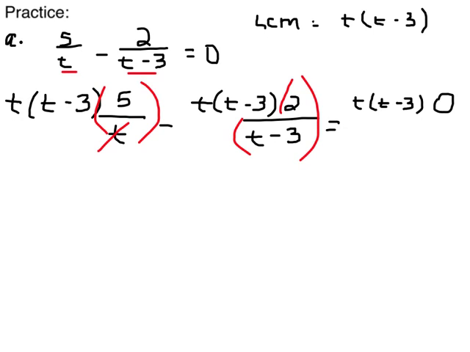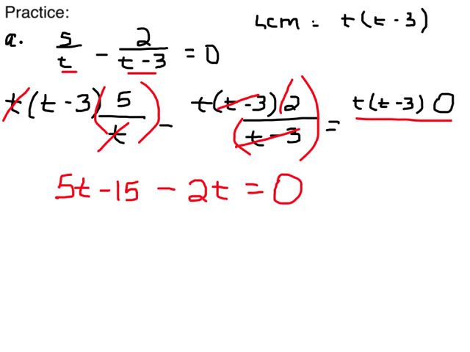Here, these two are going to cancel out, and when I multiply 5t minus 15, here, these two cancel out, leaving us 2 times t, so minus 2t, equals 0.